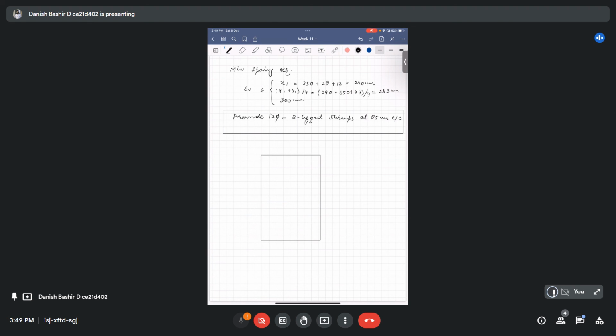Then we have to provide bars. First, I will draw the stirrup like this one. Okay, this is our stirrup.